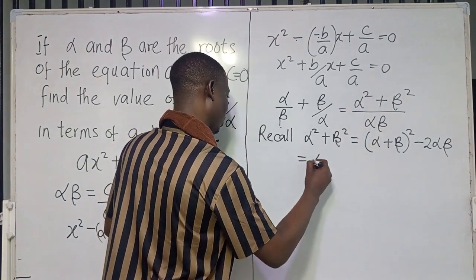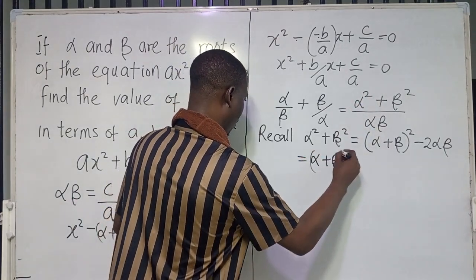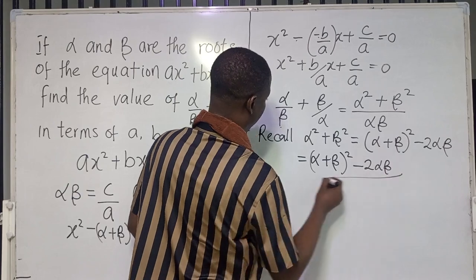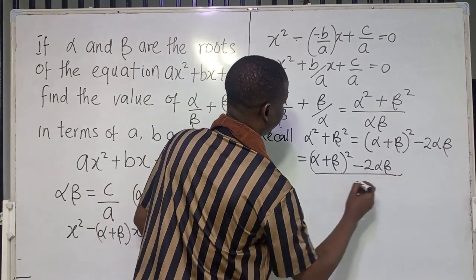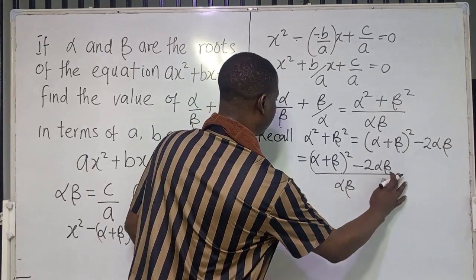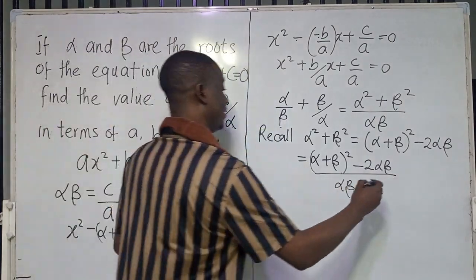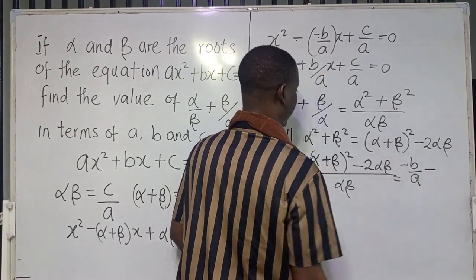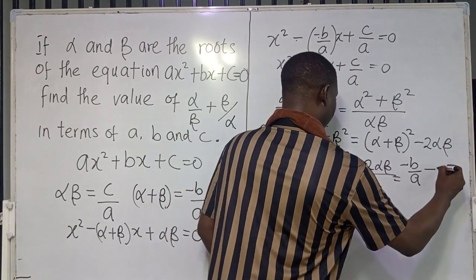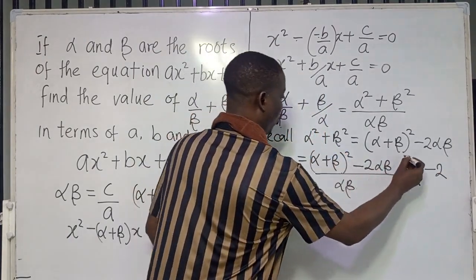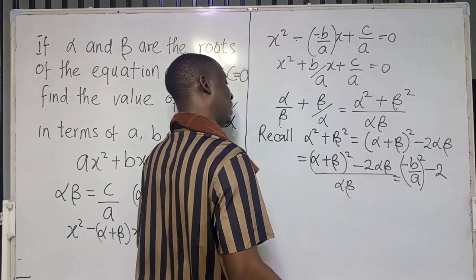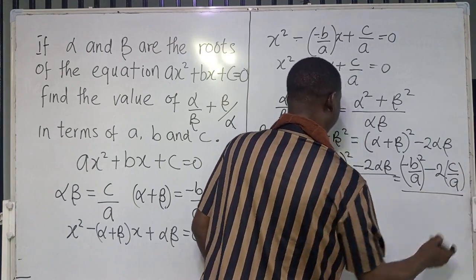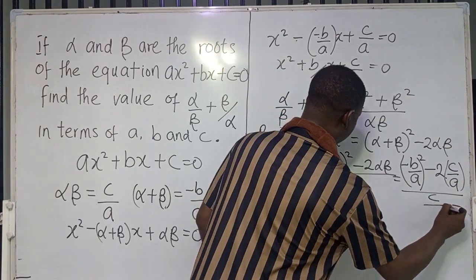So we can replace it with alpha plus beta all squared minus 2 alpha beta, divided by alpha beta. So what is our alpha plus beta? It is equal to minus b over a, all squared, minus 2 into c over a, all divided by c over a.